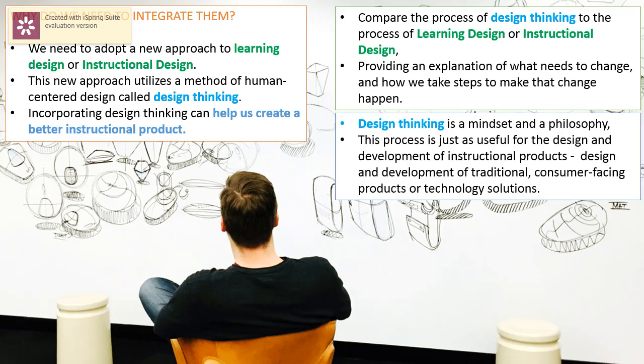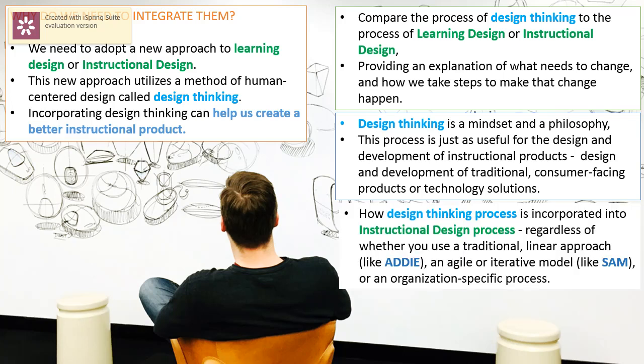While design thinking is very much a mindset and a philosophy, there is a process that lends structure to these activities. This process is just as useful for the design and development of instructional products as it is for the design and development of traditional consumer-facing products or technology solutions.